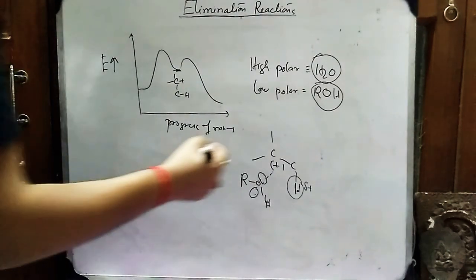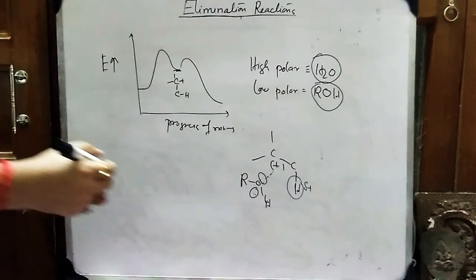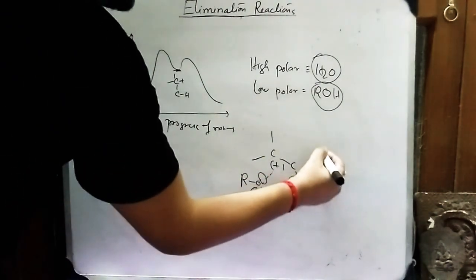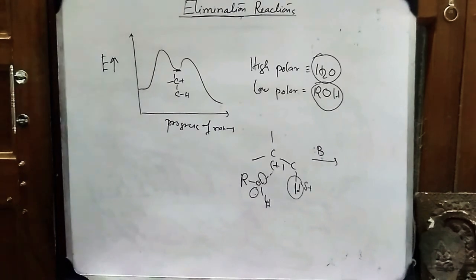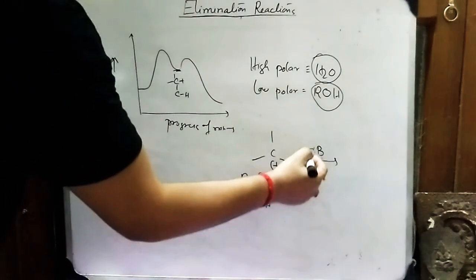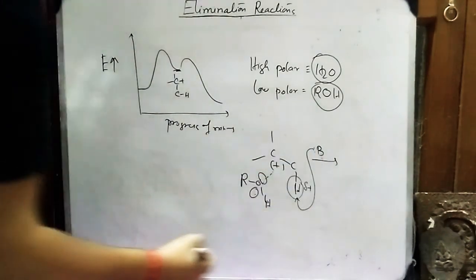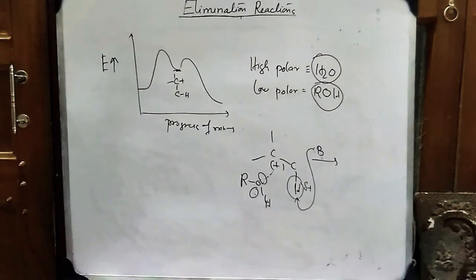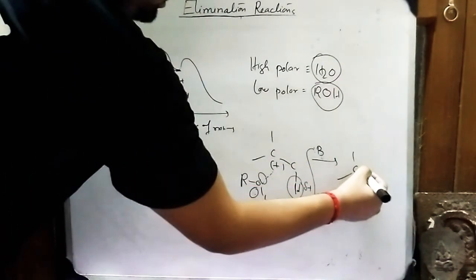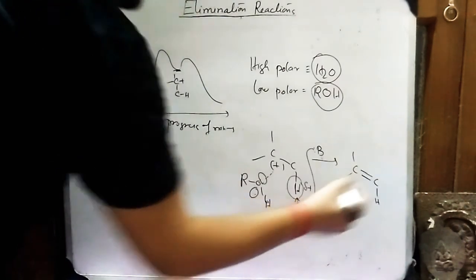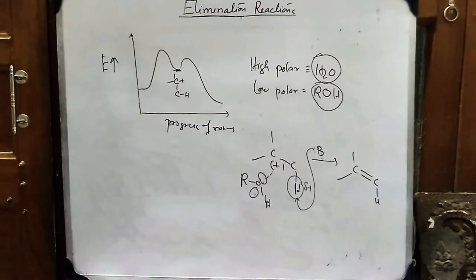This dispersion, which gives this hydrogen a delta positive charge, makes it acidic in nature. Okay, and this acidic hydrogen then can easily be abstracted by the base, and will lead to the formation of a double bond. Understand?